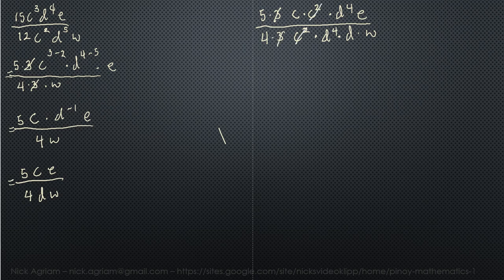C squared we cancel also. D raised to 4 we cancel also. The only expression that remains in the numerator is 5 times c times e, divided by, in the denominator, 4 times d times w. As you can see, we get the same. So you can choose whatever method that you want to choose. You will get the same answer.